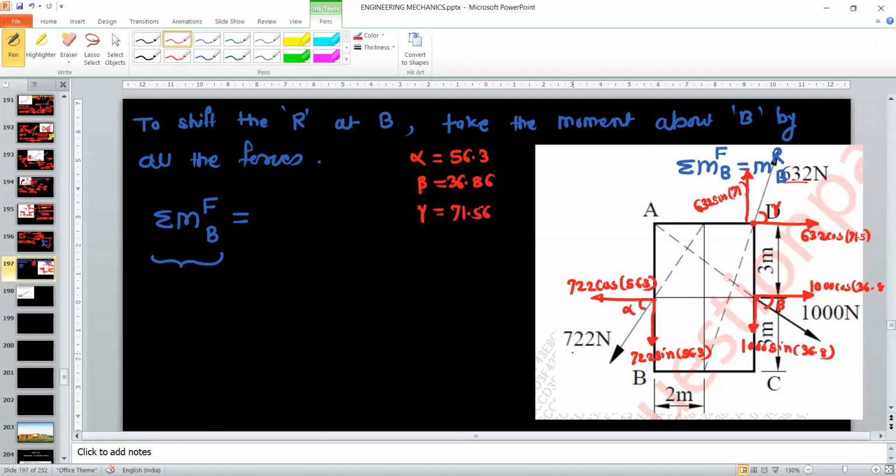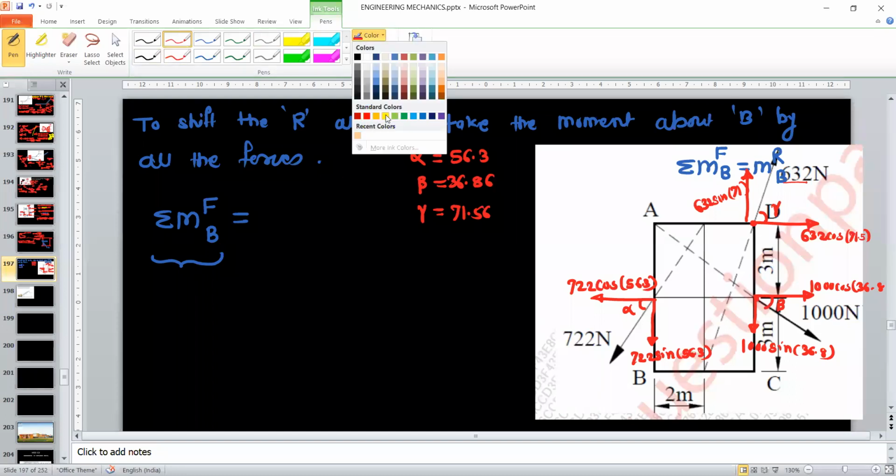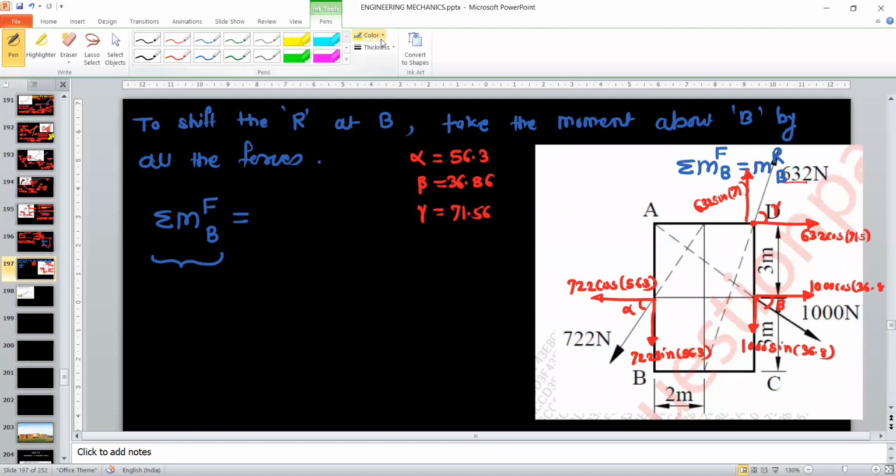Now for the moment, we should consider each and every component. We will start from 722 and consider its x component. This is the direction of the component. Find its perpendicular distance with respect to point B, because we need the moment with respect to point B. From point B, this line is exactly perpendicular to this line, so this will be the perpendicular distance.